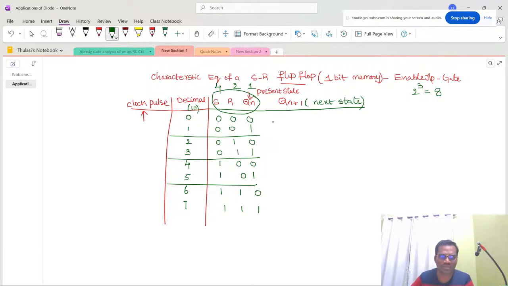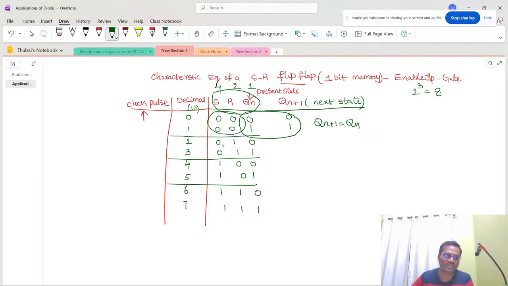For Qn plus 1, when the inputs are 0 0, you make the comment Qn plus 1 is equal to Qn. Therefore the output is the same as it is. Whatever the value of Qn is, you get the same Qn here.